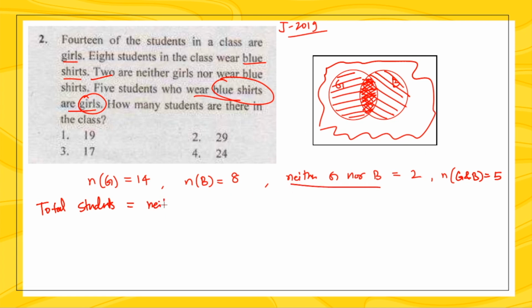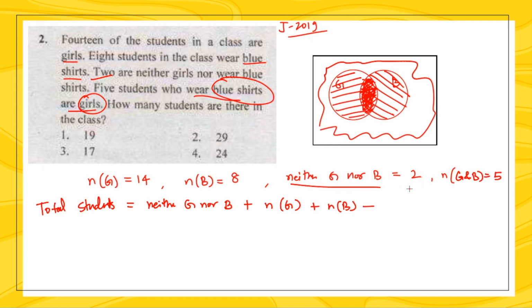That means I have to add this neither G nor B area, plus I have to add this circles area, means I have to add this NG, which is area of this circle, plus NB, which is area of this circle. Now when I was adding NG and NB, I have actually added this central area 2 times. That should not be done. I have to remove once, right? So if something is added 2 times, we remove it once. If something is subtracted 2 times, we add it once. Okay, that's what we do.